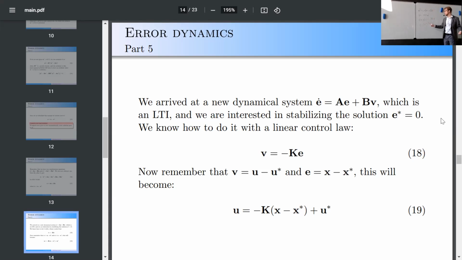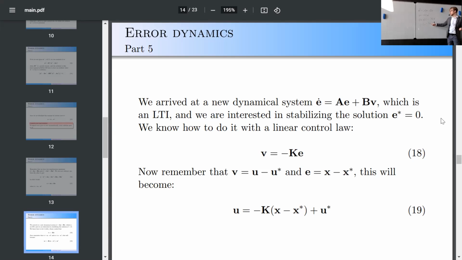As long as I choose K such that this whole matrix has negative real parts of eigenvalues, I'm good. This can be done by pole placement, for example. You will hear about it, or you already heard about it in your practice. Pole placement for us is more or less a function in Python. We're not studying it in detail in most lectures. There are algorithms to find a solution to this.